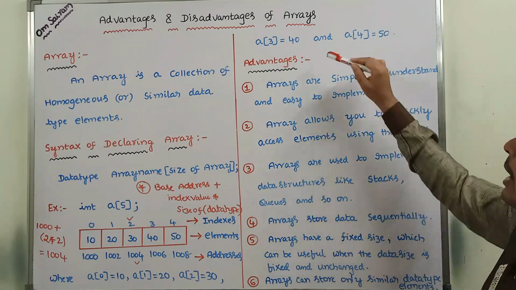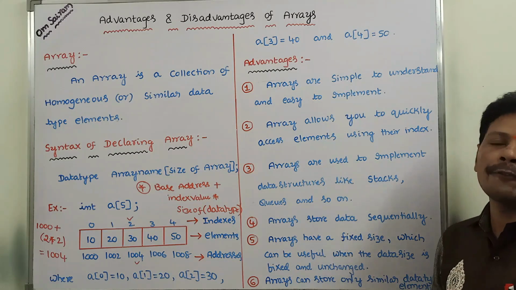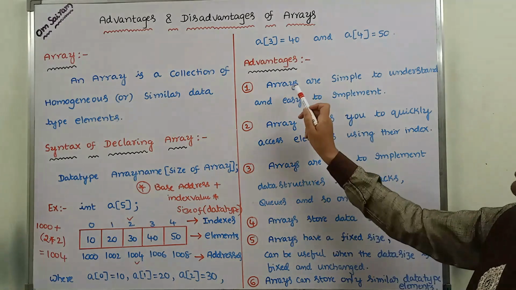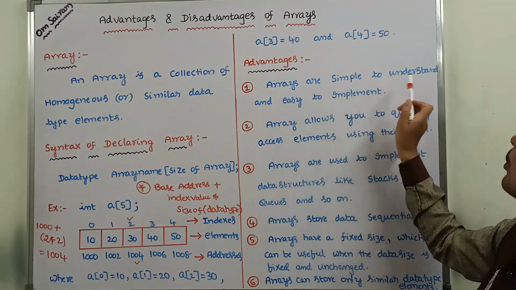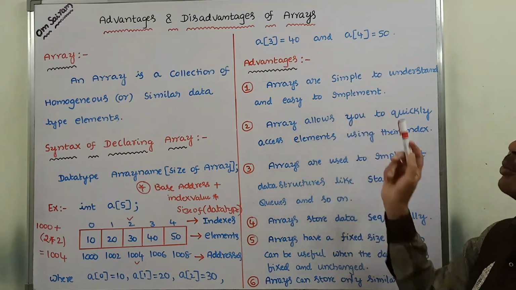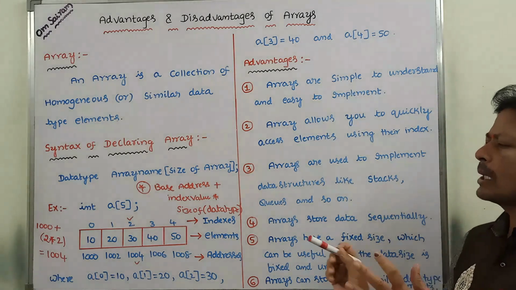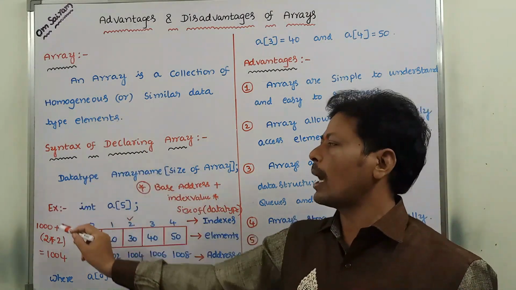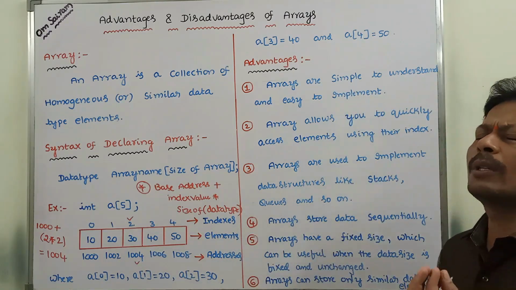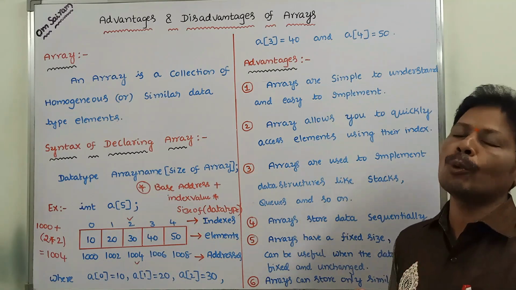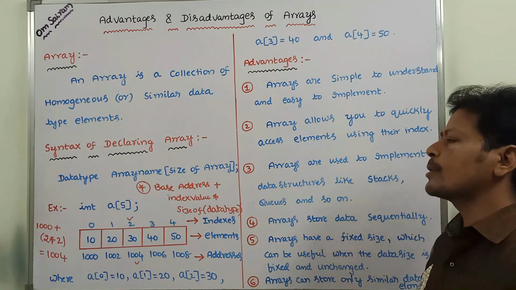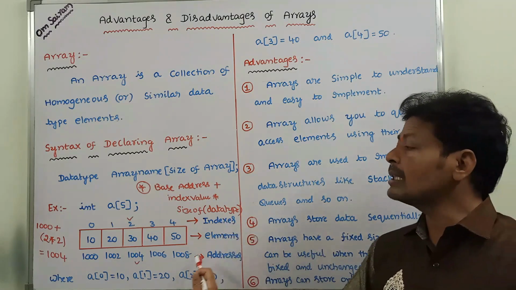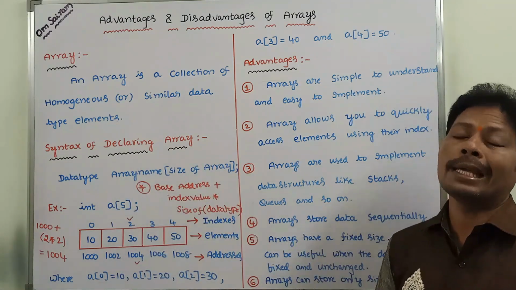Next, what are the advantages of arrays? First point, arrays are simple to understand and easy to implement. Whatever concept I am explaining here is very simple to understand, and we can also implement it very easily.